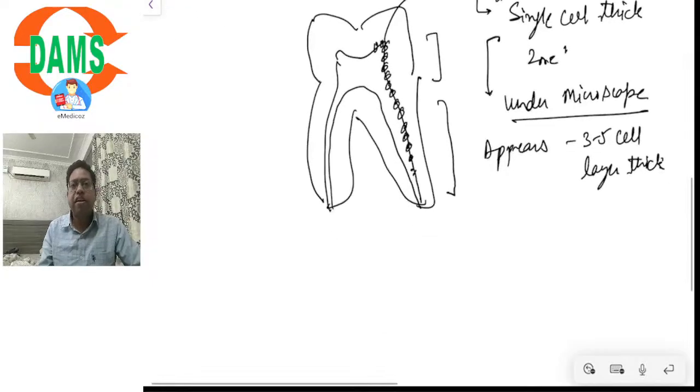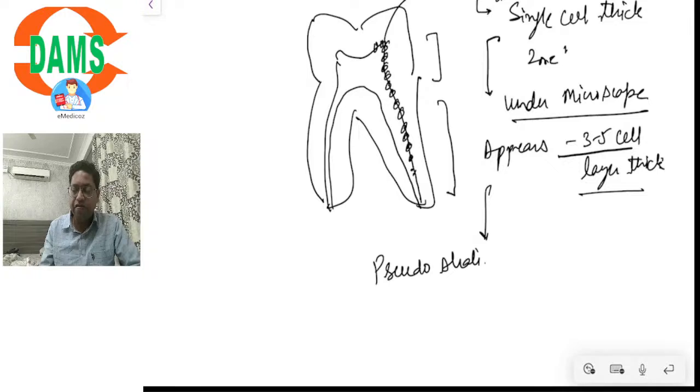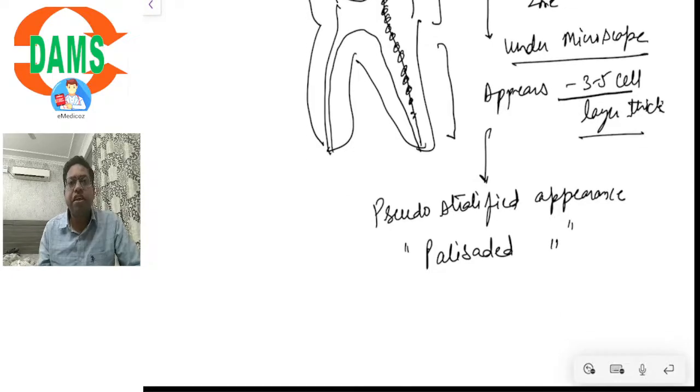What I'm trying to explain is that the pulp in actuality is outlined by a single layer of cells from the crown to the root, but when we see the pulp in morphologic sections under the microscope, the cells appear to be 3 to 5 cell layers thick. This microscopic appearance of the odontoblast layer is called pseudostratified appearance, or sometimes palisaded appearance.